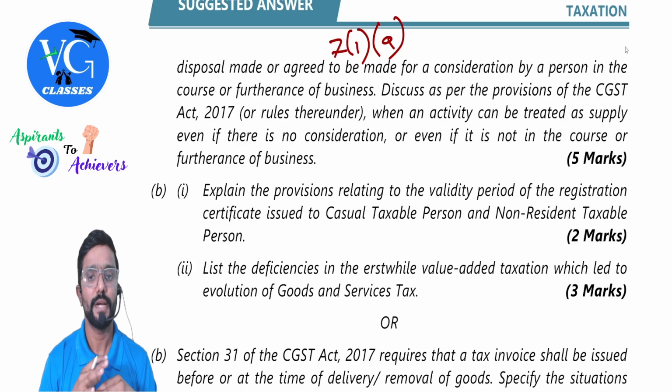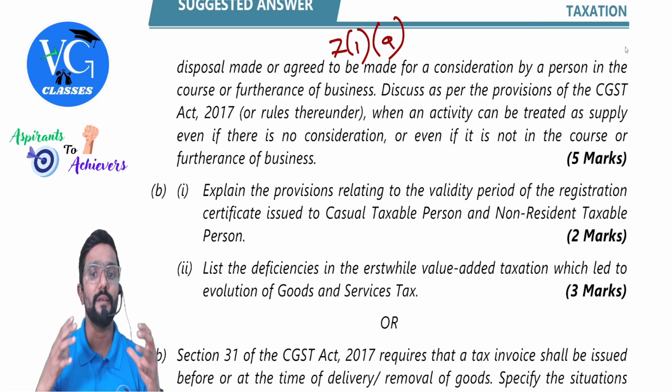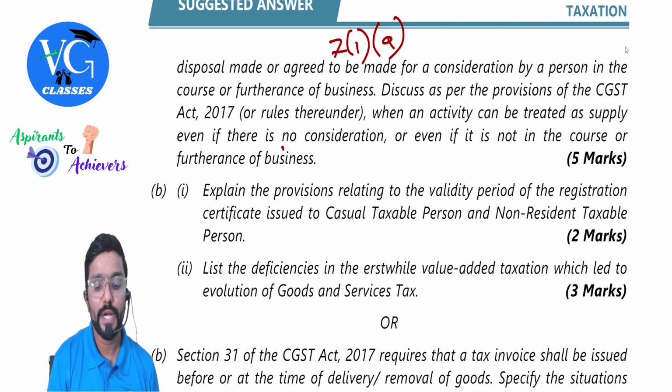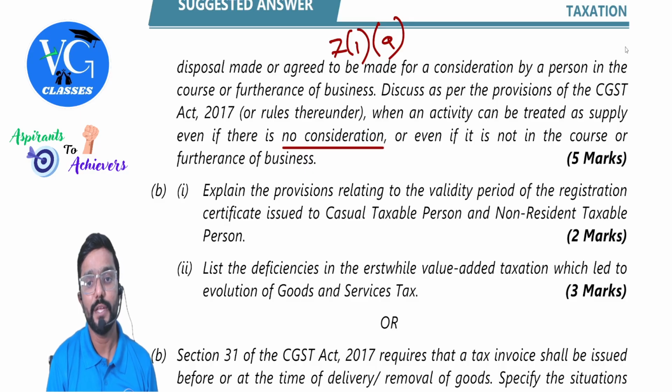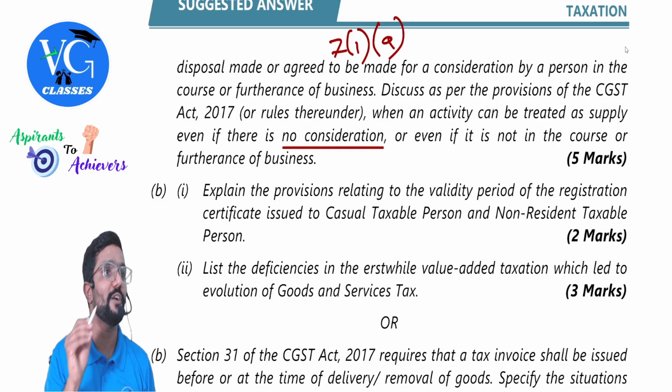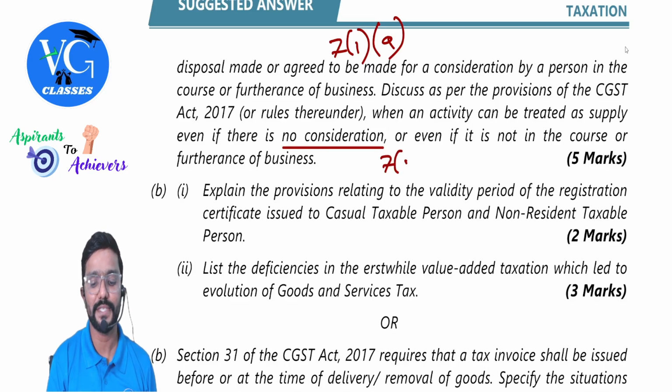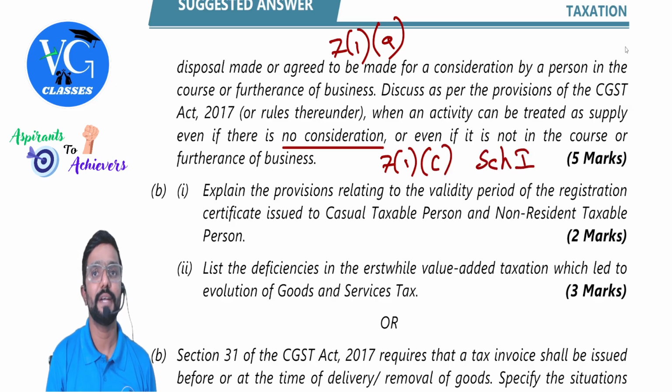Discuss as per the provisions of the CGST Act 2017 or the rules thereunder, when an activity can be treated as supply, even if there is no consideration or even if it is not in the course or furtherance of business. Guys, what are they asking you? 7.1c, read with Schedule 1. Deemed supply.